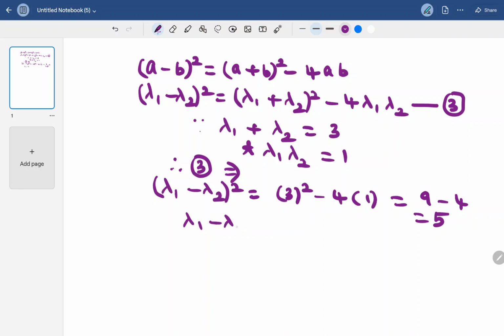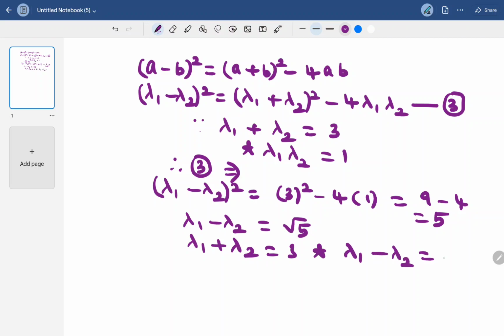Lambda 1 minus lambda 2 equal to root 5. Solving lambda 1 plus lambda 2 equal to 3 and lambda 1 minus lambda 2 equal to root 5, we get the values for lambda 1 and lambda 2.